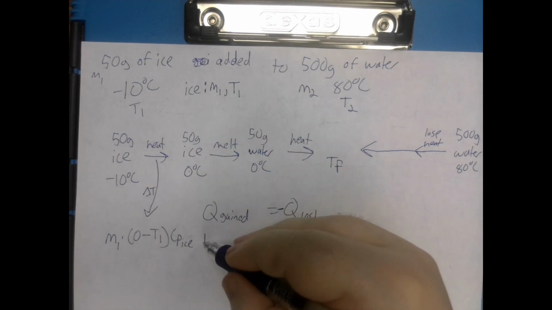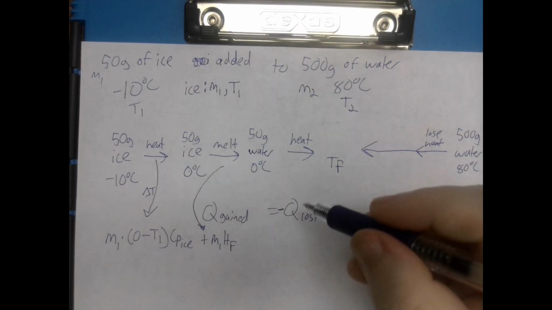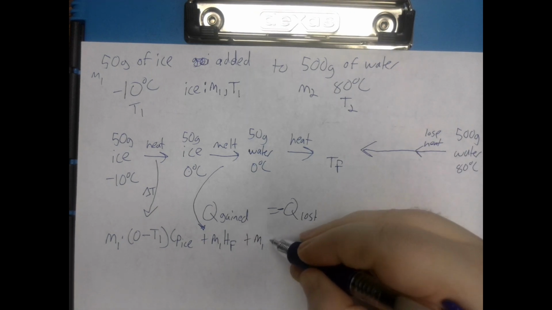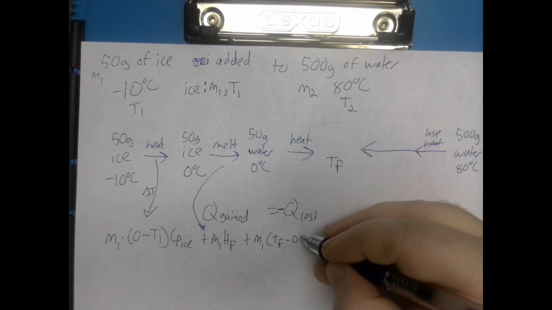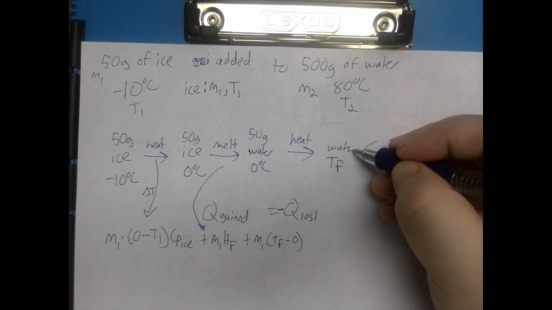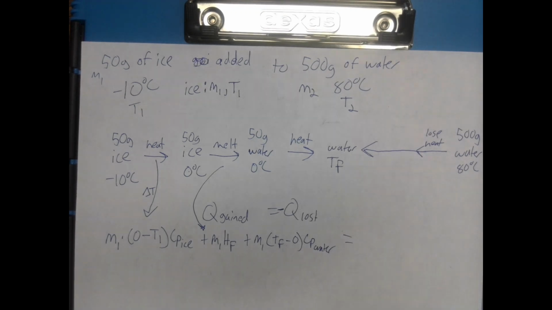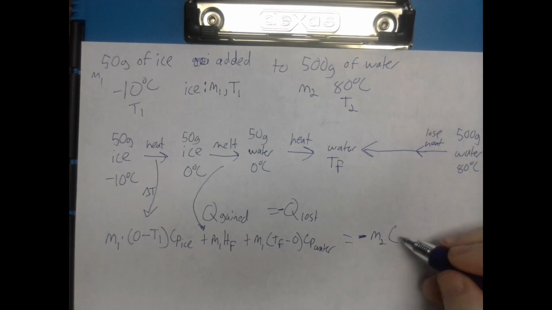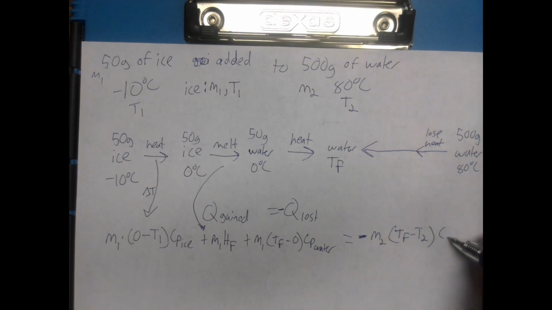For the melting, it would be mass M1 times heat of fusion. And for the heating up, it would be mass M1 times final temperature minus 0 times, and now it is water, so Cp water. On this right side, we put in a negative, and then mass M2 times Tf minus whatever this temperature was, T2, times Cp of water.